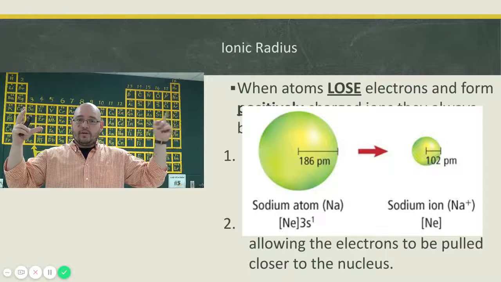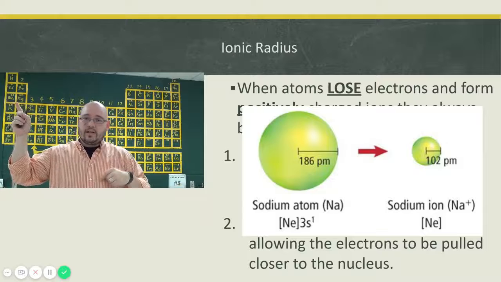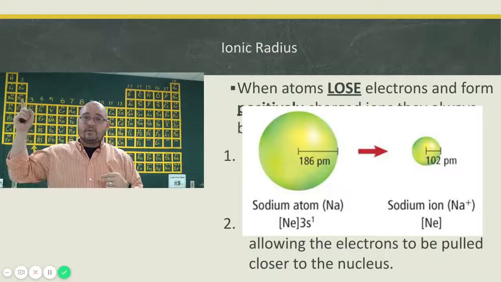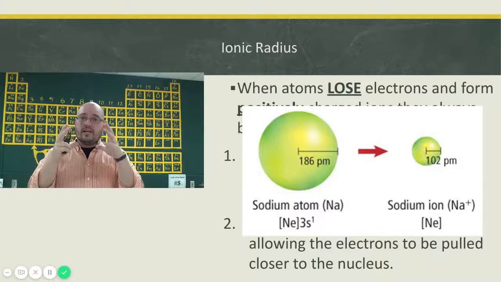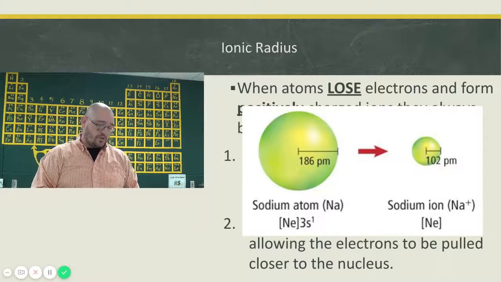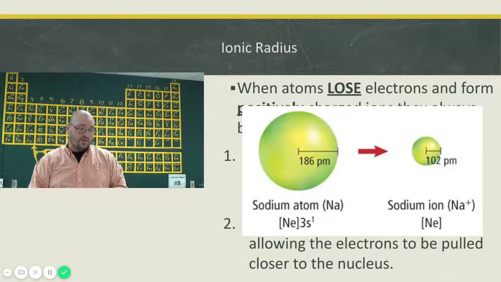Remember, sodium's over here in group 1, so it has one valence electron. It's going to lose that one valence electron, and suddenly it loses an entire energy level, so it shrinks. And then those protons pull on it even more, and so it shrinks even more. So it's significantly smaller. You'll notice 186 picometers versus 102 picometers. There's a significant difference there.